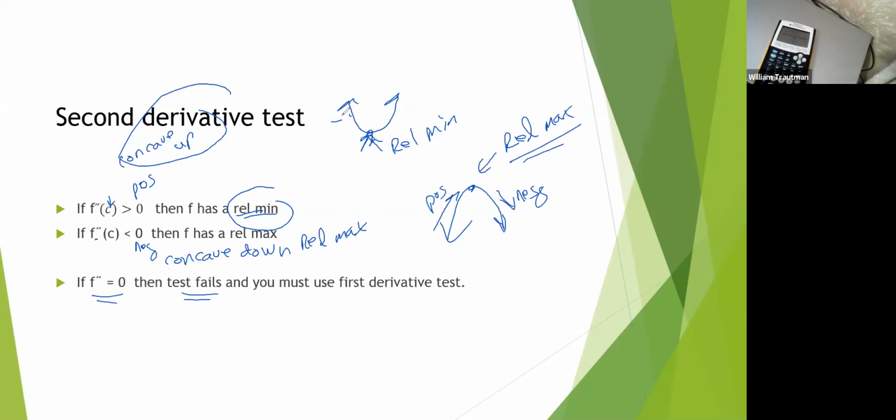If you go from a negative slope to a positive slope, then you have a relative minimum. And from a positive slope to a negative slope, it gives you a relative maximum.